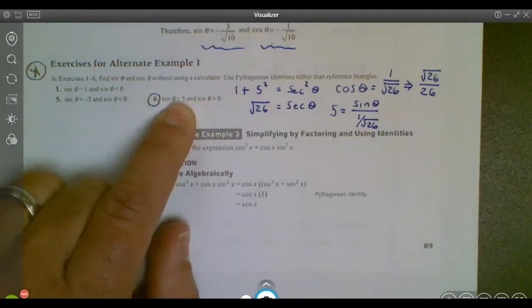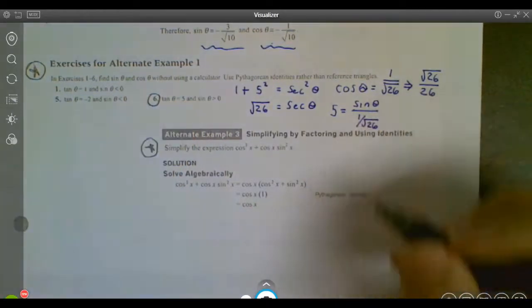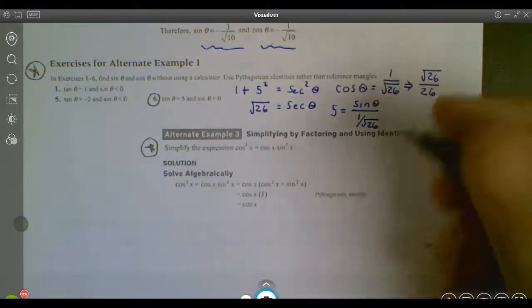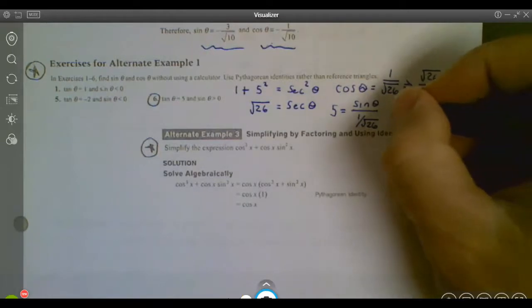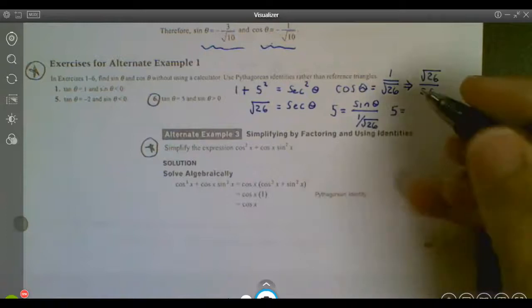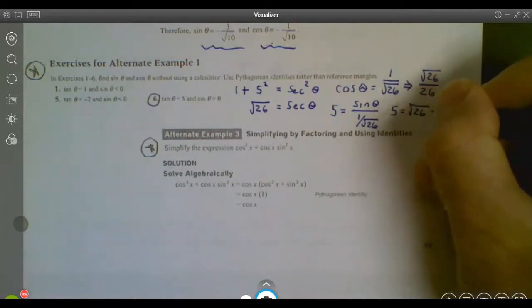It would look like this. And so if I simply multiply, remember, dividing by a fraction is the same thing as multiplying by the reciprocal. In other words, just be careful with your operations here. Sine divided by this fraction is the same thing as flipping it and turning it into multiplication.